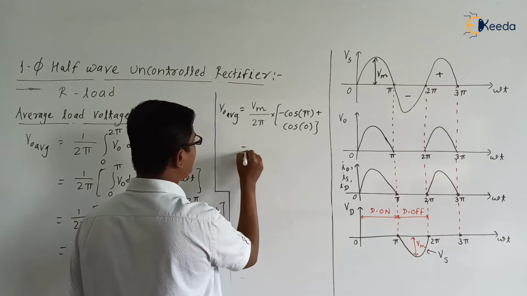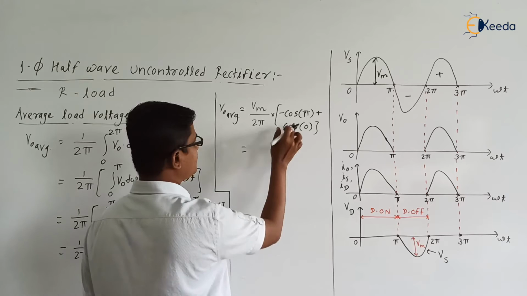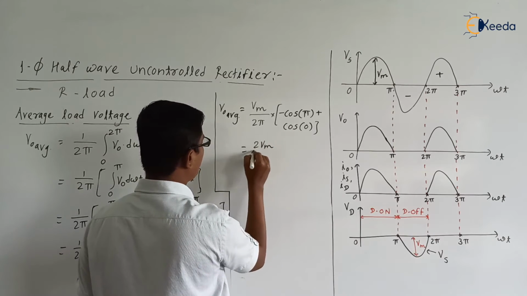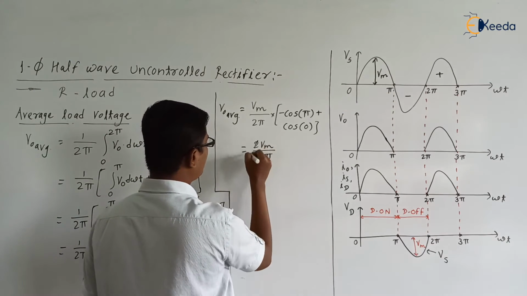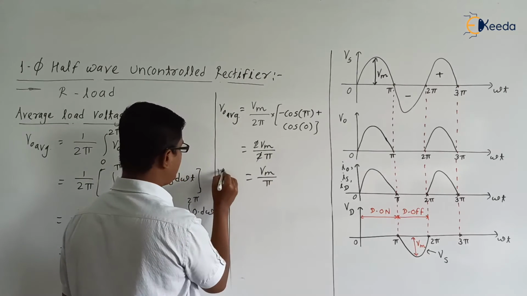What is the cos of pi? It is minus 1, so minus of minus 1 is 1, plus cos 0 is 1, so it is 2, so it will be 2 Vm by 2 pi. The 2 will get cancelled, so it is Vm by pi. This is V0 average.